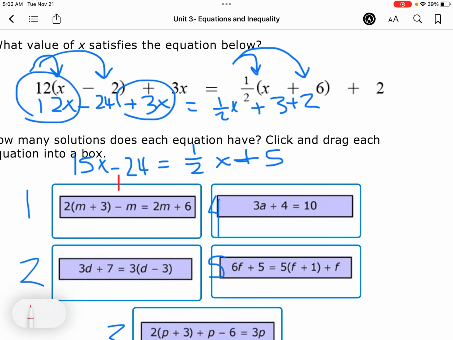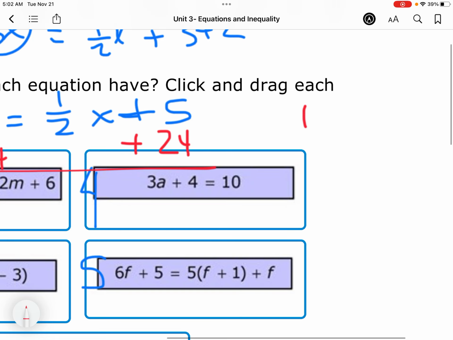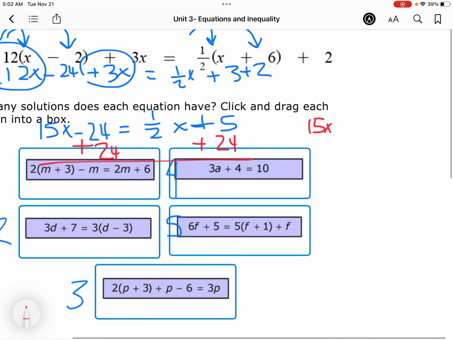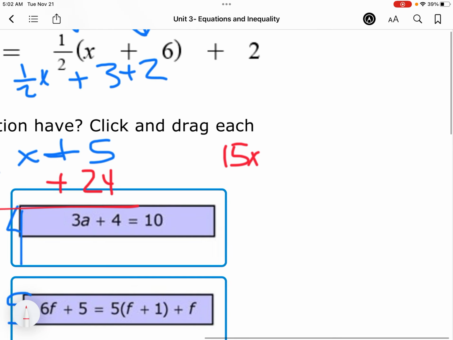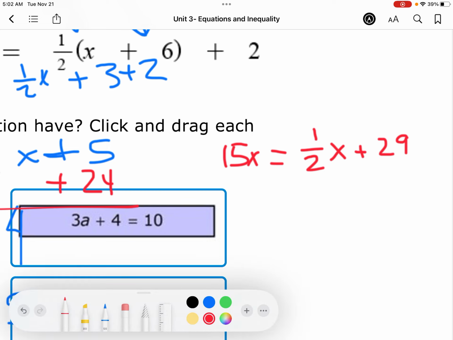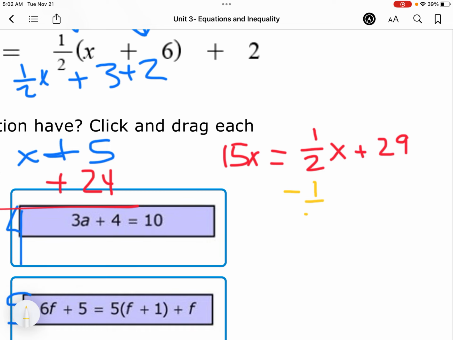So I'm gonna add 24 to each side. So I end up with 15x equals 1/2 x plus 29. Then I'm going to subtract 1/2 x.